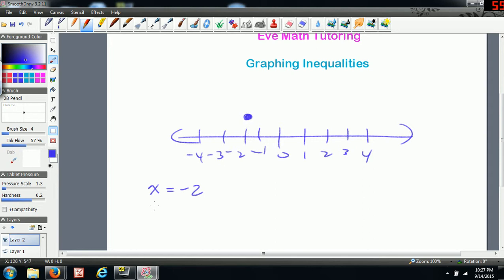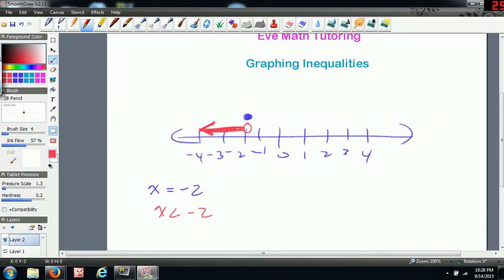Now if I want to graph x is less than -2, let's use different colors. I'm just going to change that quickly, and I'm going to use red. So x is less than -2. -2 is not actually included in that, so that's going to be an open circle, and then everything less than that value is included. So that's how we would represent this inequality graphically.